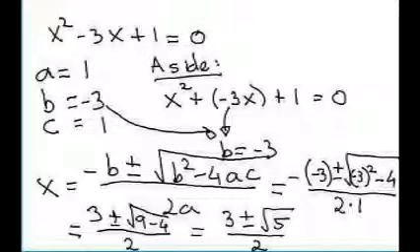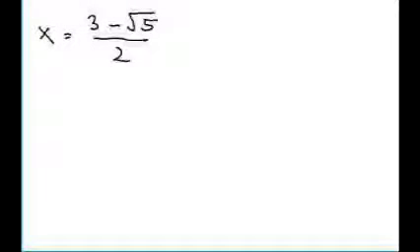Now this plus or minus actually makes a difference, because x is actually equal to two different numbers. We get one of the numbers by choosing the plus sign, so we get 3 plus square root of 5 over 2. And the other solution is going to be 3 minus the square root of 5 over 2.